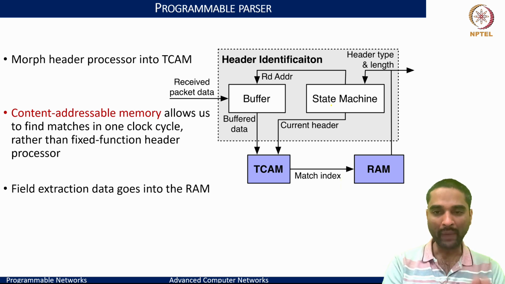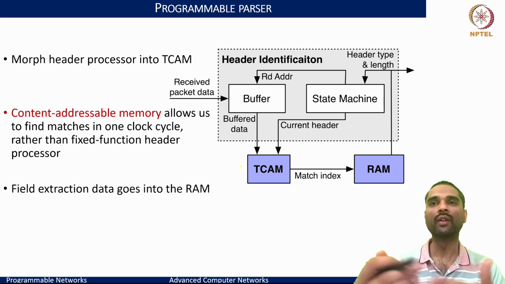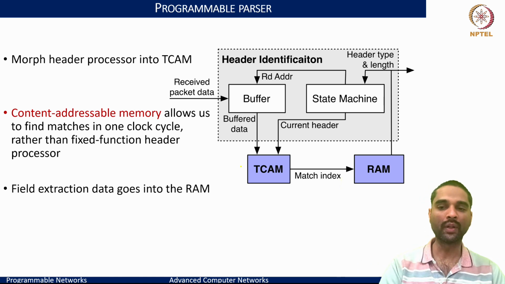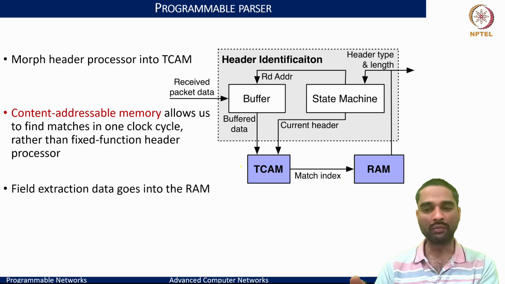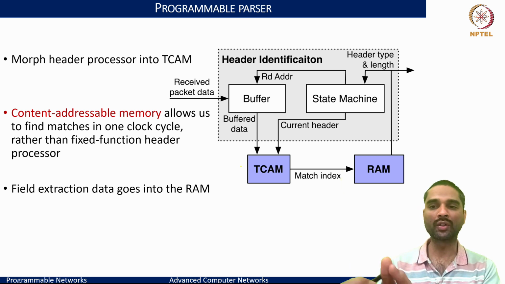So this matching can correspondingly be done with the TCAMs, where you specify the TCAM entry and then also match it with the corresponding entry in the RAM, so that you can extract the data from the RAM and then take corresponding actions.